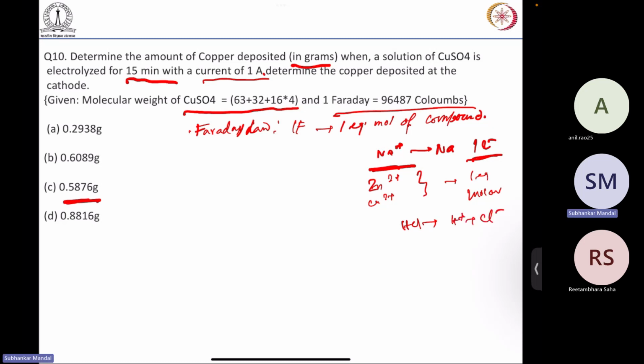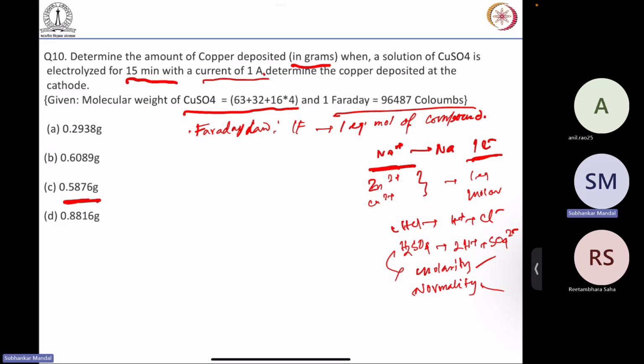But in the case of H2SO4, that is 2H plus and SO4 2 minus, it forms. So for HCl the molarity and normality are the same, but for H2SO4 molarity and normality are not the same. So this is basically molar concentration, this is equimolar concentration. That way you can proceed in this problem.